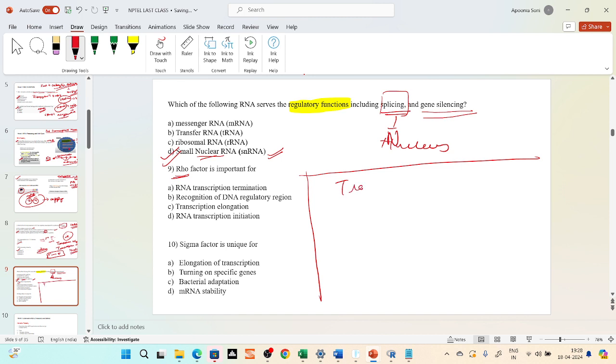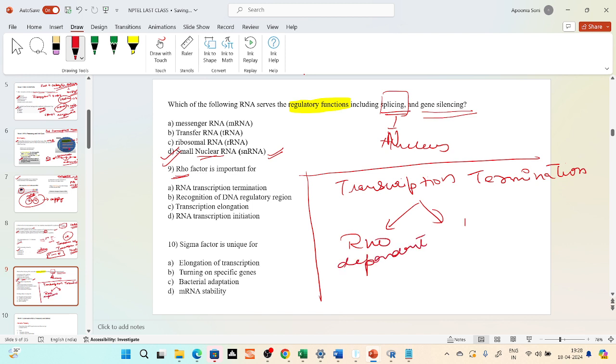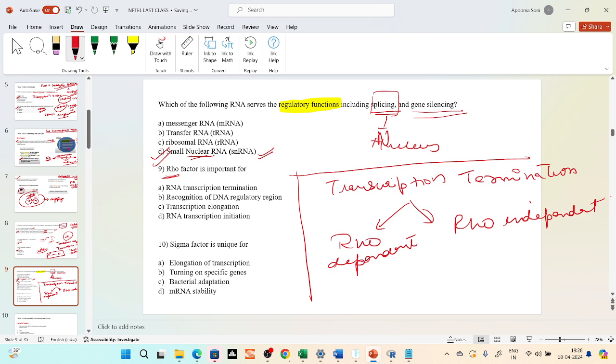Now, if you remember, if we talk about transcription, the termination of transcription happens in two ways: one is Rho dependent and another one is Rho independent. Rho dependent means Rho is a protein, an enzyme helicase, which helps in the termination of transcription.